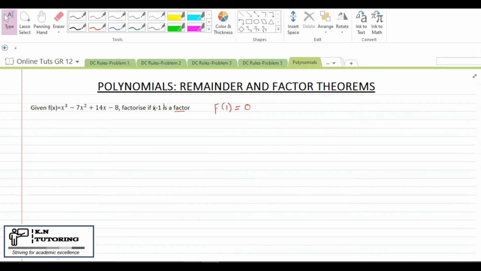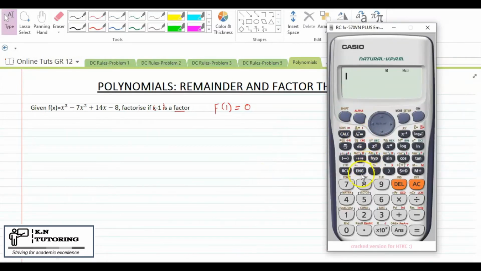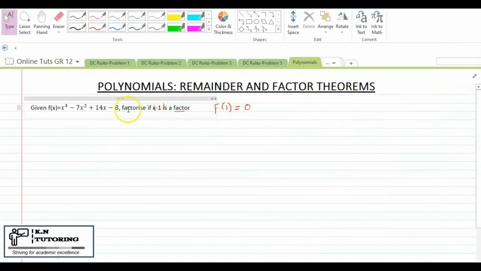We can quickly check that using a calculator: 1 cubed minus 7 into 1 squared plus 14 into 1 minus 8, and this gives us 0. So this shows that indeed x minus 1 is a factor, because the remainder that we're getting is 0.